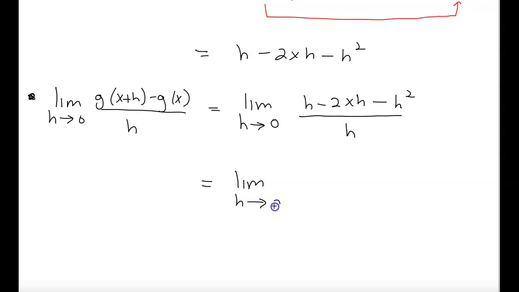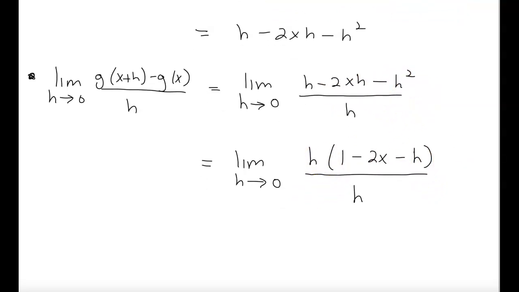We'll have 1 minus 2x minus h, all over h. Now that makes sense, because when I multiply h times 1, I get h. H times negative 2x is negative 2xh, and h times h gives me the h squared.